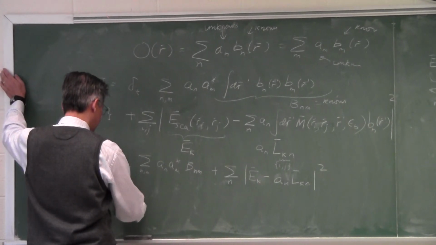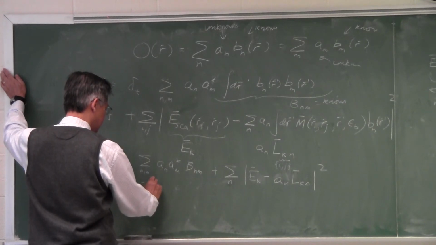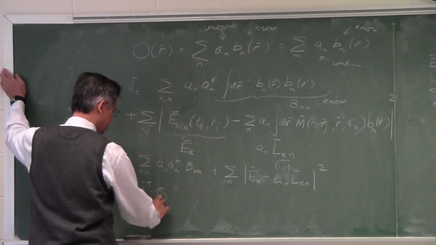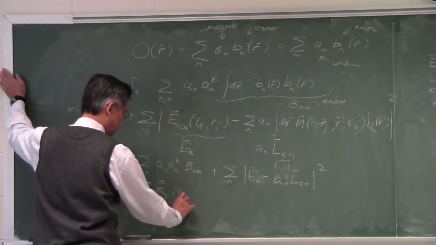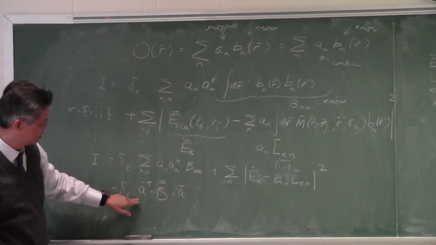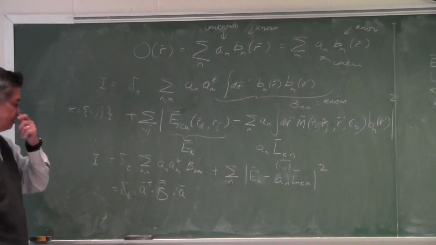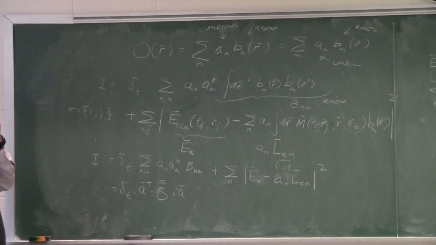So I believe the first term can be written as A transpose B dot A. If you put this into a column vector, you can write this as A conjugate transpose dot with B dot with A. The second term, can we do likewise.